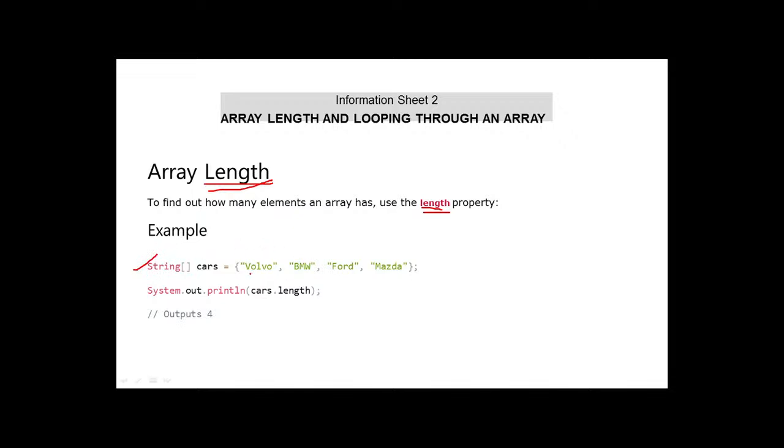Cars array has Volvo, BMW, Ford, and Mazda. Then we print cars dot length. So it will print 4. Okay? The length is the number of elements. 1, 2, 3, 4. There are 4 elements in the cars array. So the length will give us the number of elements.